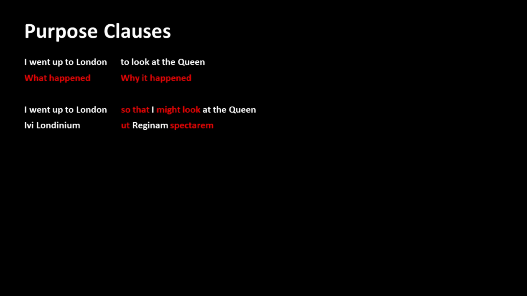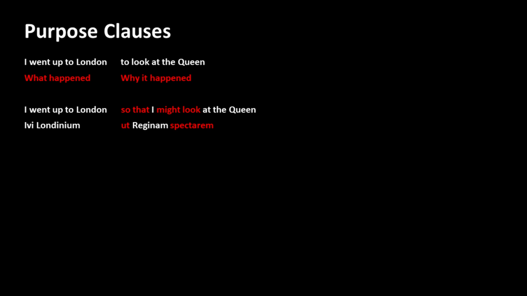But in order to have a purpose clause of this kind in Latin, you need ut and a subjunctive. Or rather, you mostly need ut plus the subjunctive. Ut is the most common, but not at all the only signposting word for a purpose clause.